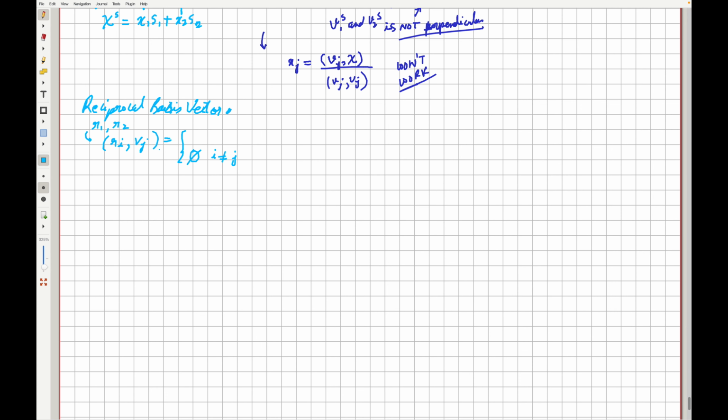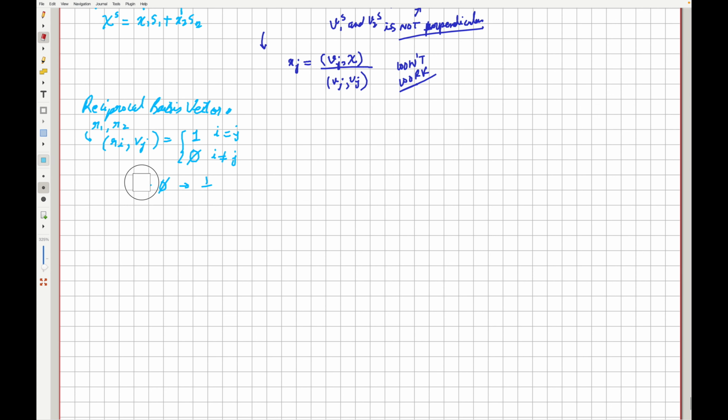That is, of course, you are not dotting it with itself. If we dot r1 with v2, or r1 with any v other than v1, then we get a 0. That is to say that they would be perpendicular or orthogonal. In the other case, we get a value of 1.